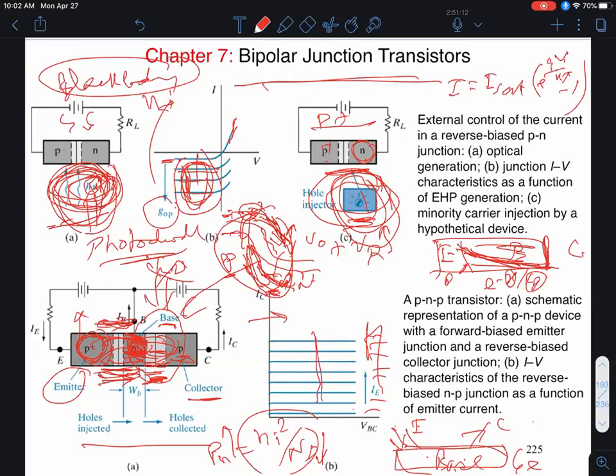But narrow compared to what? What is my metric of narrowness? Anybody? Maybe the depletion region in the collector side of the junction. No. Narrow compared to the diffusion length. LP is the rate at which it decays by recombination, right? So you don't want it to decay all the way.